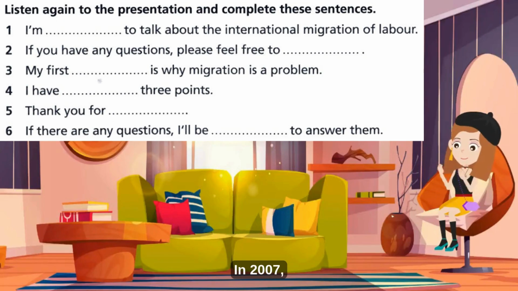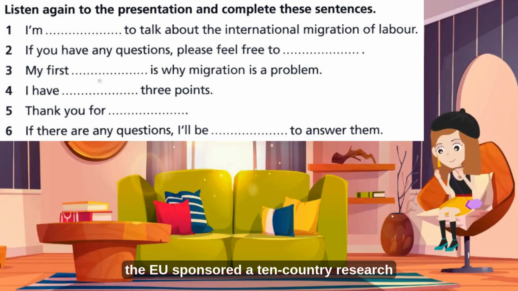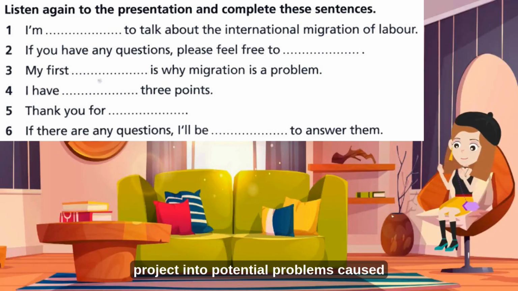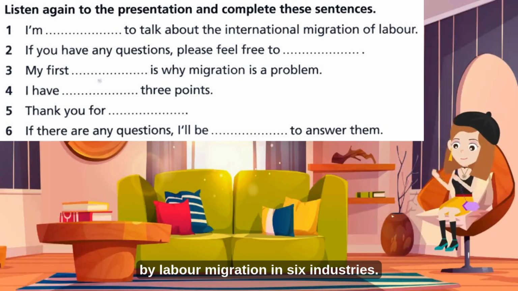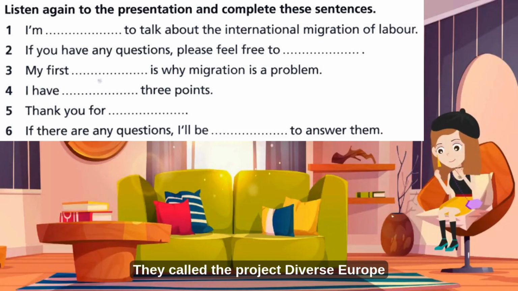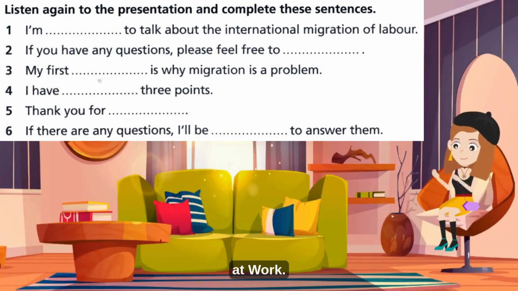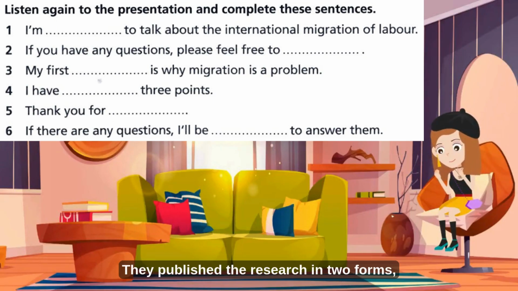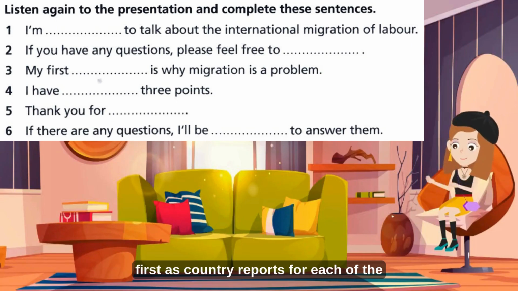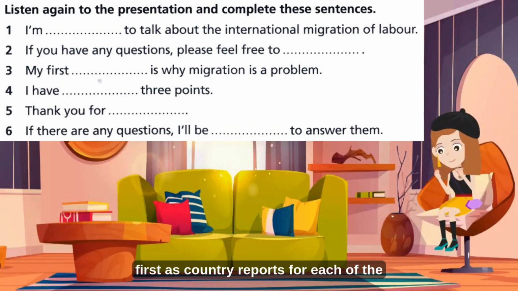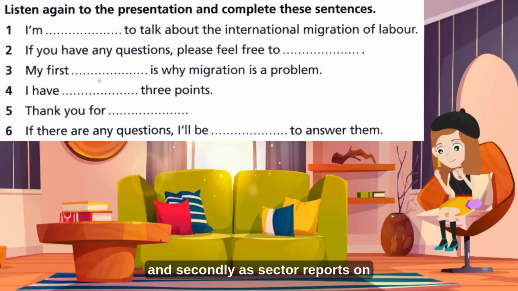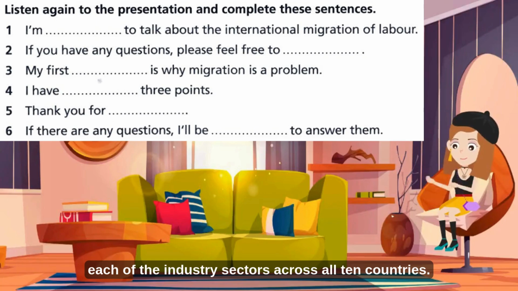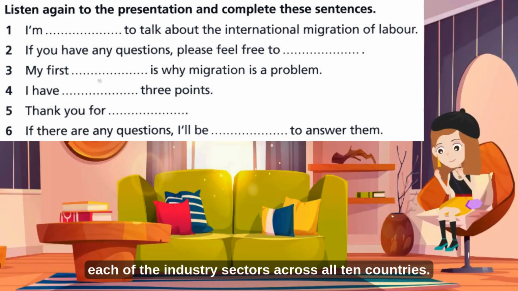In 2007, the EU sponsored a 10-country research project into potential problems caused by labour migration in 6 industries. They called the project Diverse Europe at Work. They published the research in 2 forms, first as country reports for each of the 10 countries involved, and secondly as sector reports on each of the industry sectors across all 10 countries.